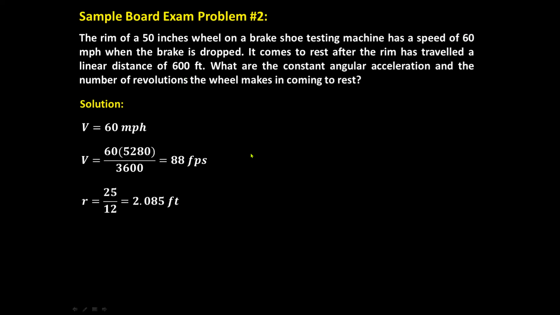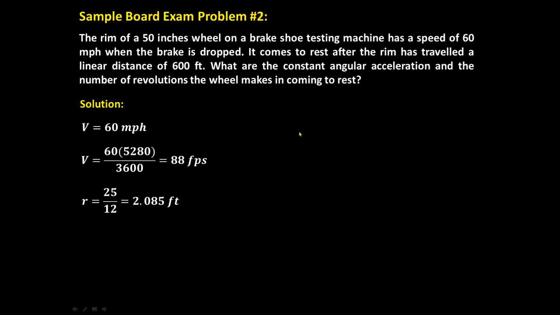Okay? And then, kapag kinalculate natin ang R naman, bakit 25 over 12? Sige nga, bakit ang R is 25 over 12? Analyze the problem. Gusto ko lang makarinig sa inyo. Bakit naging 25 over 12?